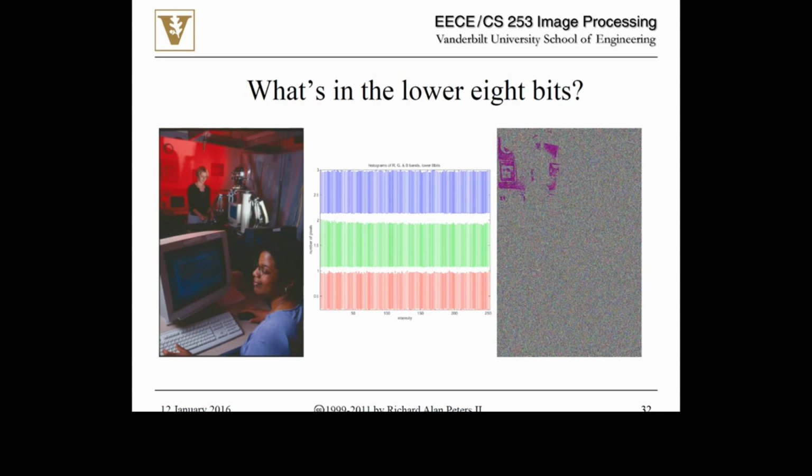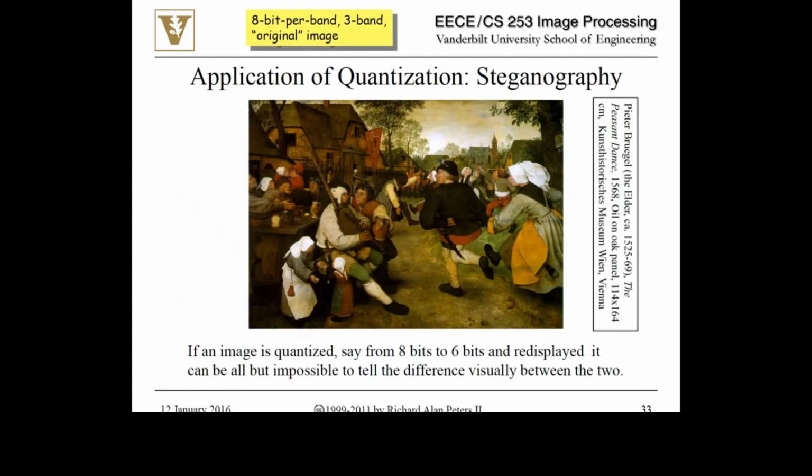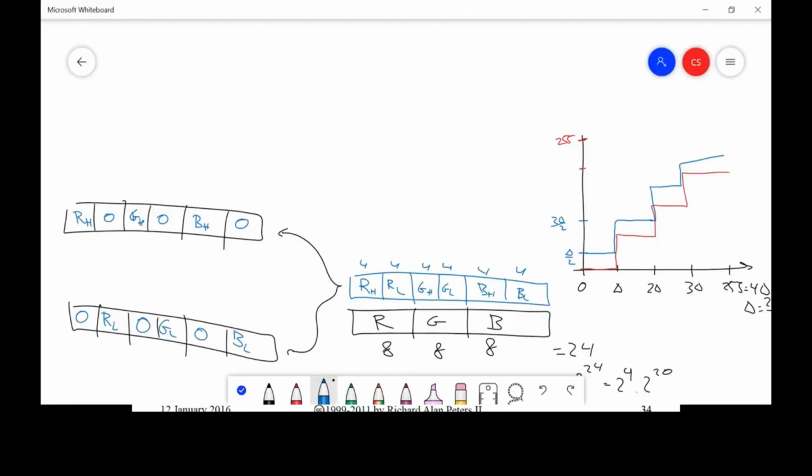So the 4 lowest bits don't convey any visual information. It is just noise. So let's say that I have this image that has 8 bits per channel, and I encode it with 6 bits per channel. Which 6 bits? The highest. So instead of 4, 4, it is 6, 2, 6, 2, 6, 2. I keep the 6 highest bits.